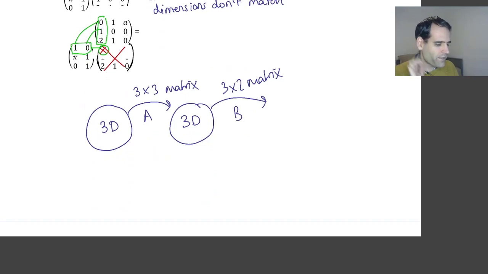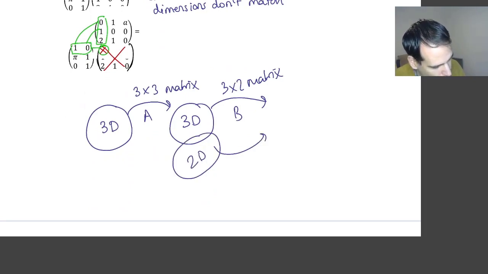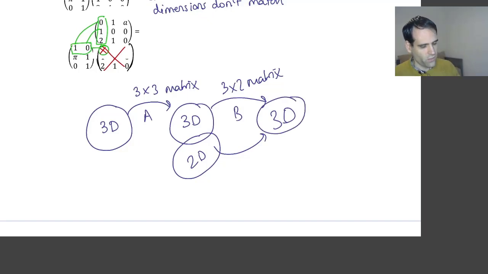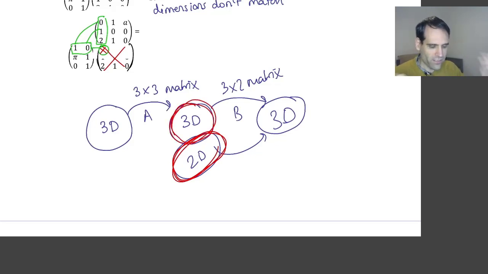Now, a 3x2 matrix is a matrix that starts with 2-dimensional vectors and ends up with 3-dimensional vectors. So matrix B works on 2-dimensional vectors. It cannot work on 3-dimensional vectors, which is the output of A. So that's why you cannot multiply those two matrices, because the dimensions don't match. Okay? Okay, see you in the next video.